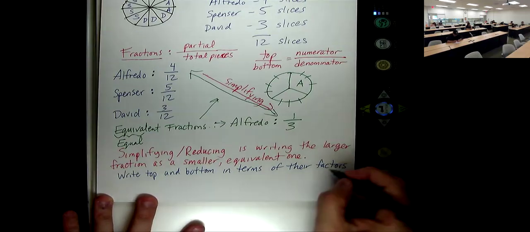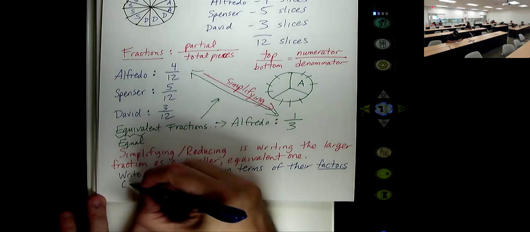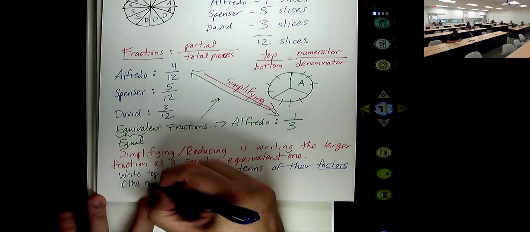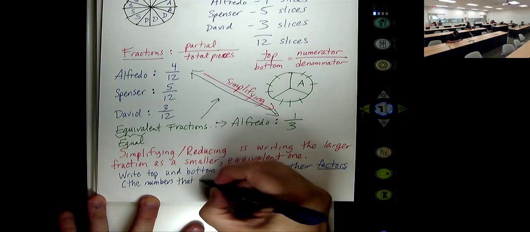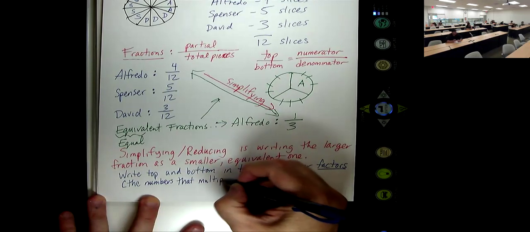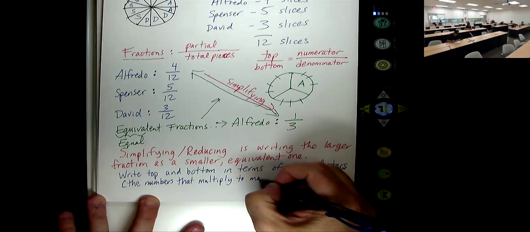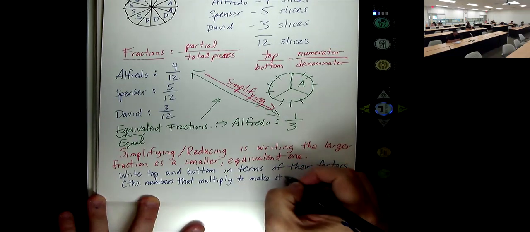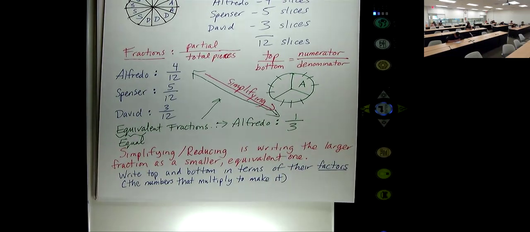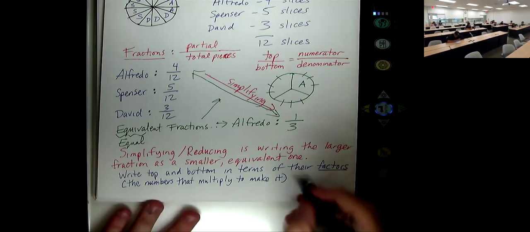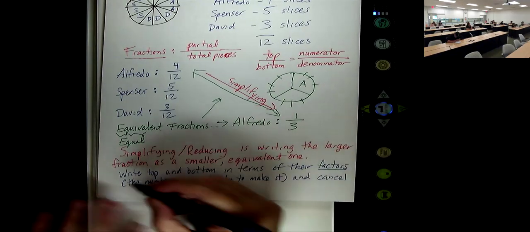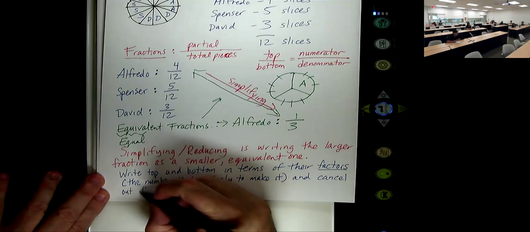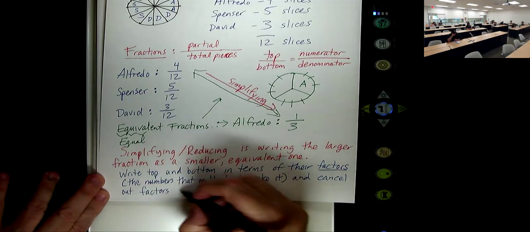And factors are the numbers that multiply to make it. And cancel out factors that appear on top and bottom.